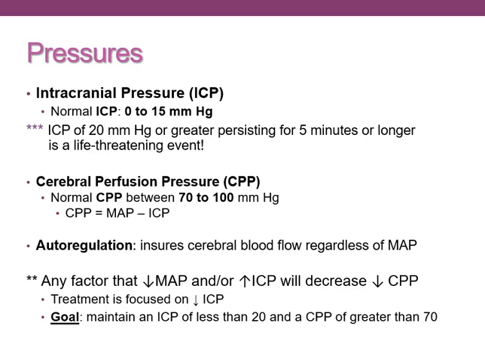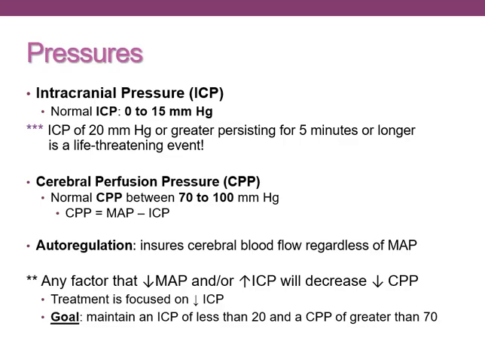Okay, so let's talk about intracranial pressure, because in the ICUs, when they put a bolt into their brain, we can actually measure their ICP. If I don't have a bolt, I can't measure ICP, but I can get an idea of what it is by doing my neuro assessment. So intracranial pressure is normally 0 to 15.